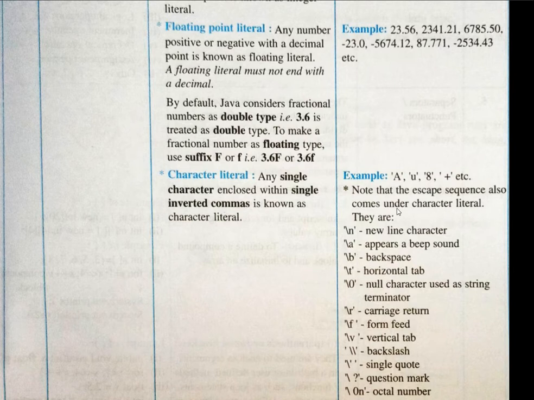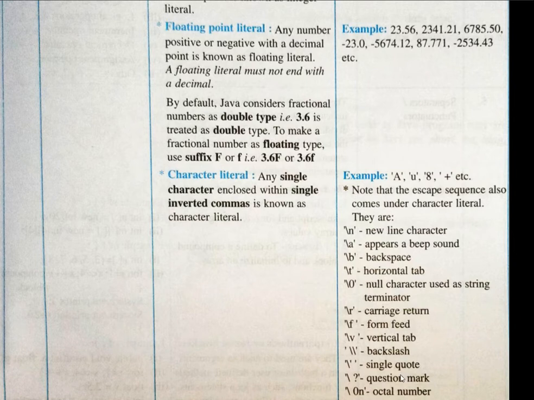So escape sequences also come under character literals. If you use backslash n, it will represent the new line character. If you use backslash t, it will represent the horizontal tab, so it will give the effect of a horizontal tab.